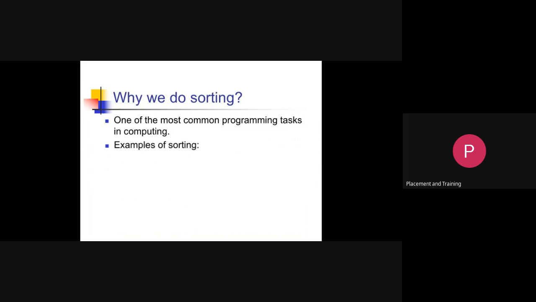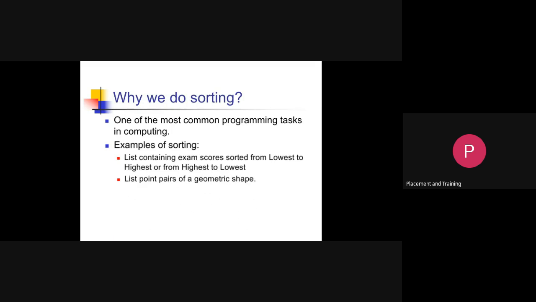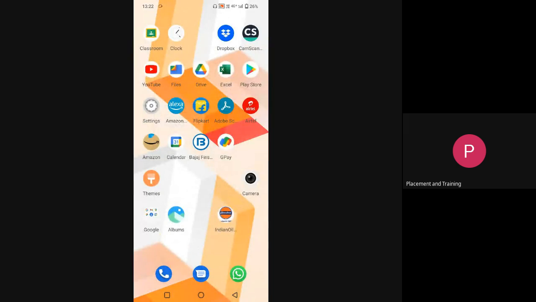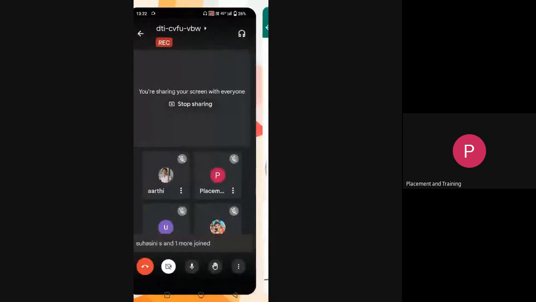Ma'am, is my screen visible now? Yes, it is visible. Good afternoon, all. So, any idea about what is sorting? What is sorting? Dear professors, can you all please talk? They have posted in chat, ma'am. Oh, okay, thank you. Your voice is not audible, ma'am.